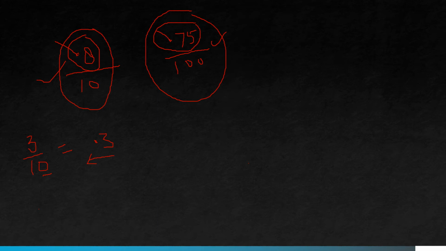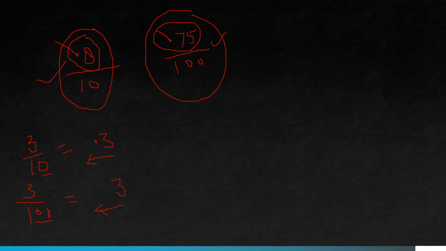Similarly, let's say you have 3 upon 100, then how will you convert this fraction into a decimal? First you have to write the numerator, right? And then you have to count the zeros. How many zeros are there? There are two zeros, and we have to place the decimal in the left hand side direction.